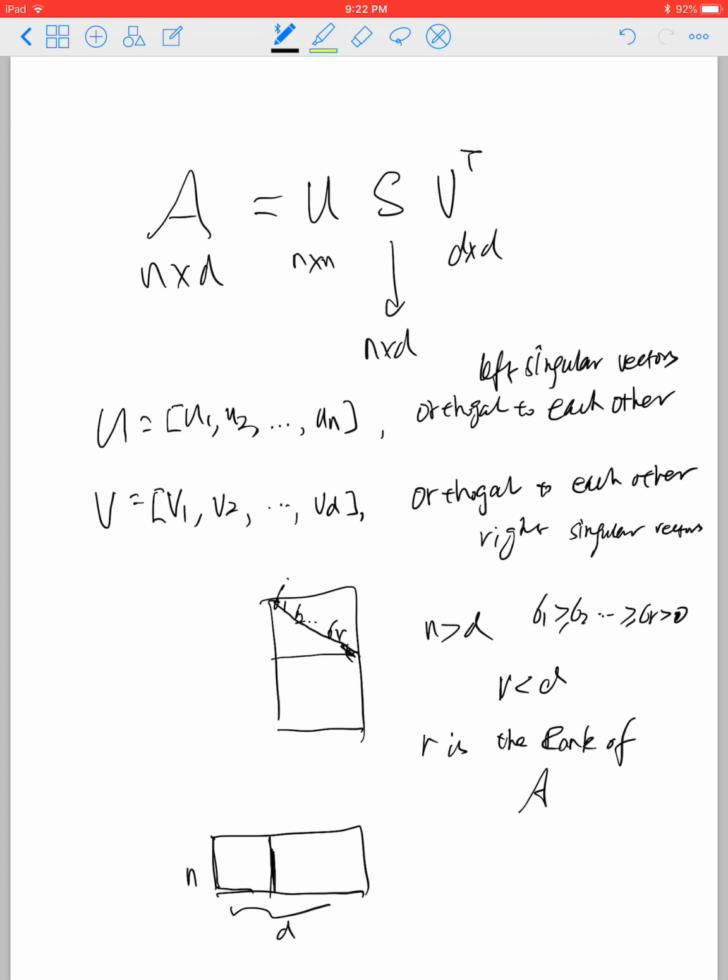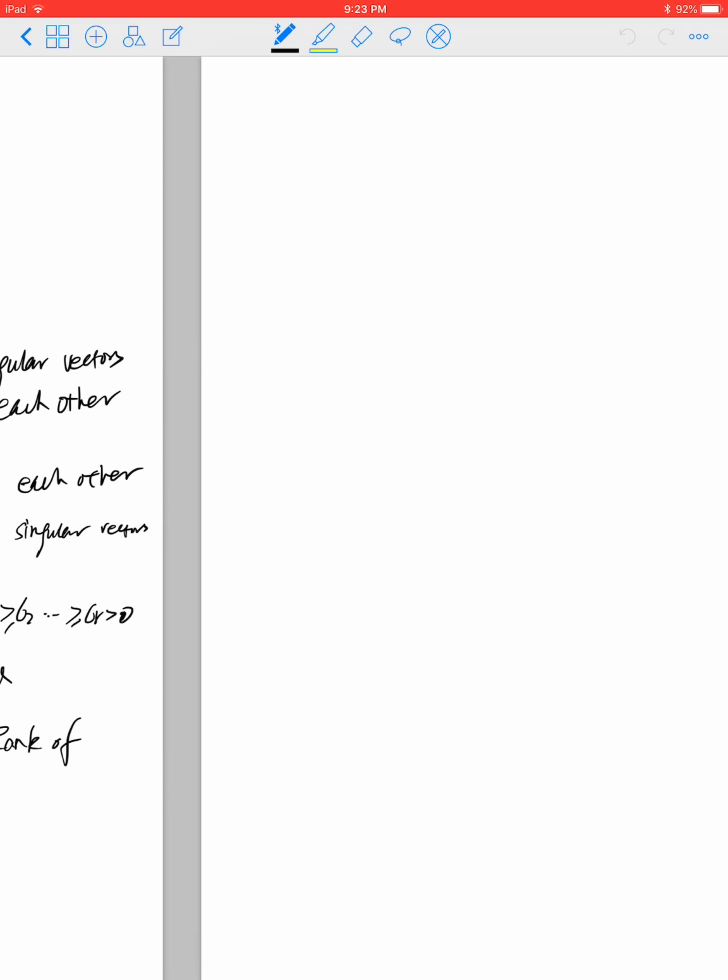We can write them as sigma 1, sigma 2, until sigma r, and singular values are ensured to be positive. If r is less than d, then the remaining parts on this diagonal are 0. Also, r is the rank of matrix A.